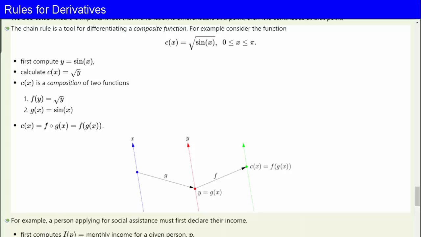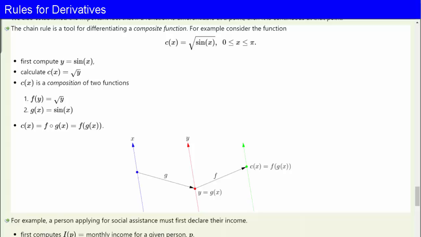In other words, the calculation of values for c of x is a composition of two functions, namely the function f of y equals square root y, and g of x equals sine x. And you can write c of x equals f small circle g of x, or you can write c of x equals f parenthesis g of x.